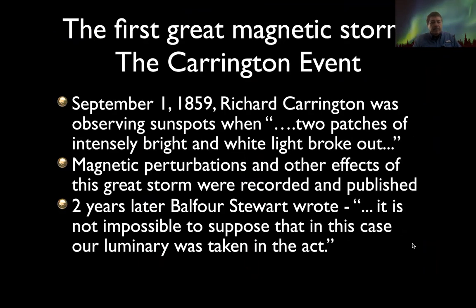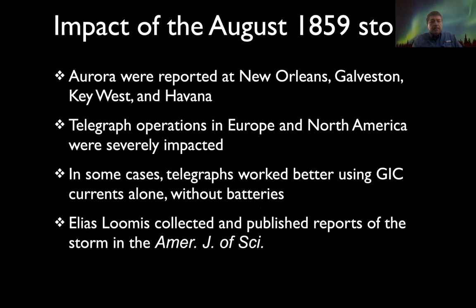People were already trying to say there probably is a connection between what happened on the sun and this magnetic storm on Earth. It was an enormous magnetic storm with enormous effects. Aurora was seen at places you normally would never see aurora, like New Orleans, Galveston, Texas, and Havana, Cuba. Even off the coast of Nicaragua, a US Navy ship reported seeing aurora.